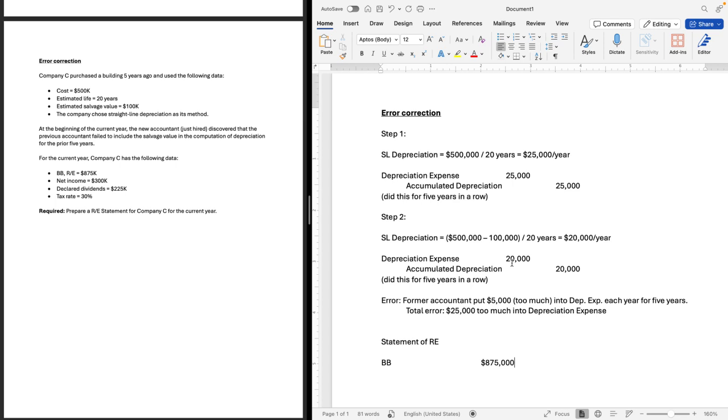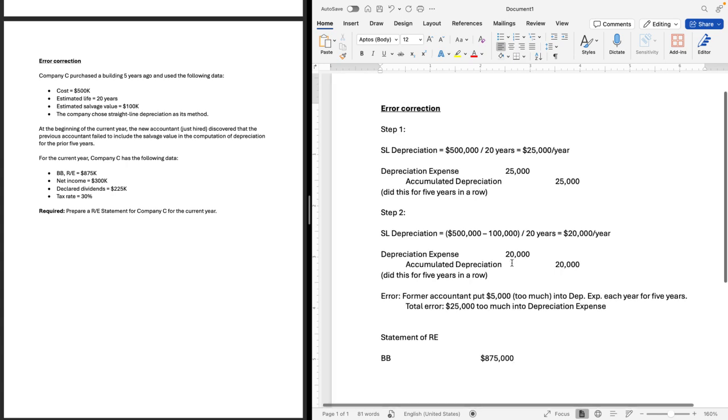The problem is when it comes to revenues, expenses, gains, and losses, all of those accounts from prior years have been closed to income summary because they're part of the income statement. Therefore, when you want to go back in time and change a revenue or expense account or a gain or a loss, it must be done through retained earnings.